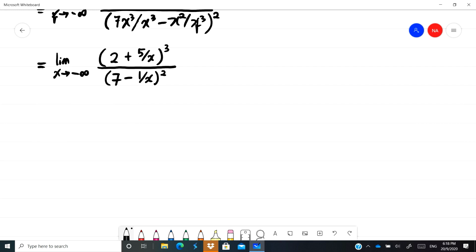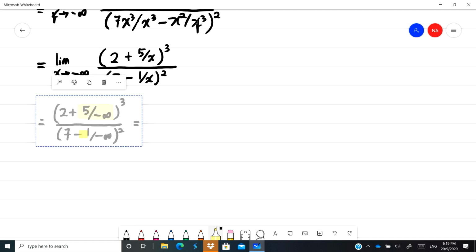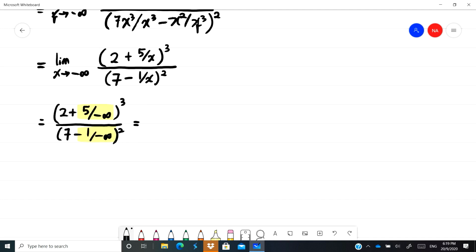So now we substitute the value of x as negative infinity. So you will have (2 + 5/(−∞))^3 over (7 − 1/(−∞))^2. Please note that these parts will become 0.